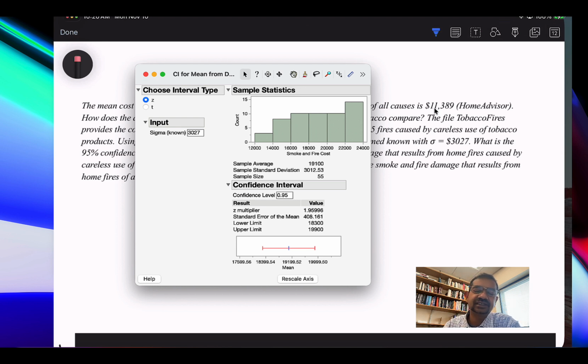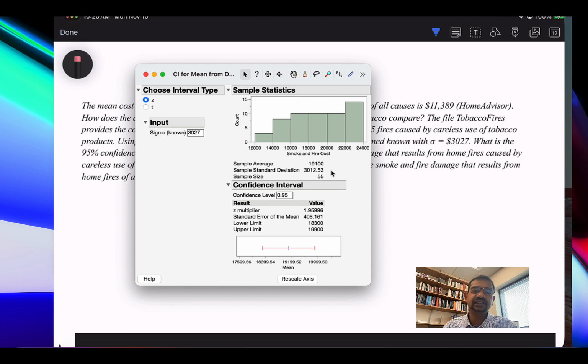So what this tells us is that the fires caused by careless use of tobacco are more expensive and result in, on average, a much higher cost. And we can be 95% confident, given our sample, that this is where the population mean might be.